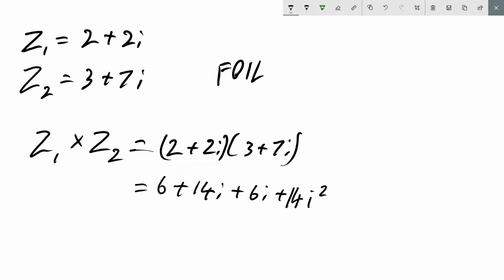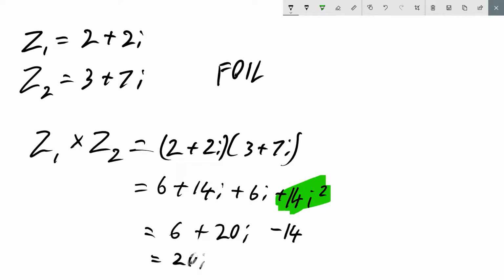So now we can collect like terms, and we can also recognize that this 14i squared here, let me just highlight that, this 14i squared is going to simplify down to -14. So now we have 20i minus 14 plus 6, and then we can collect like terms again, and we get 20i minus 8.